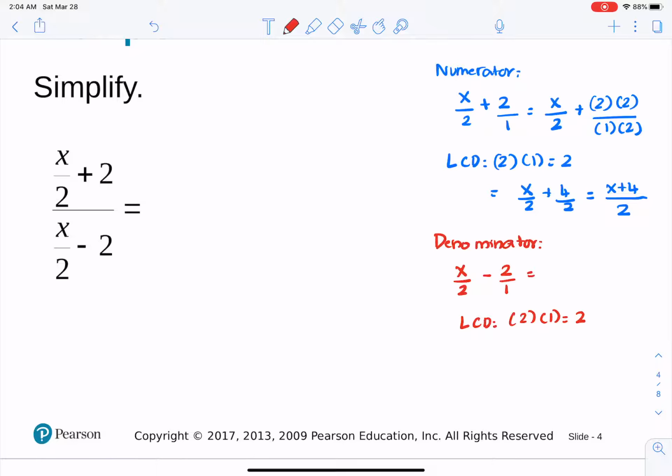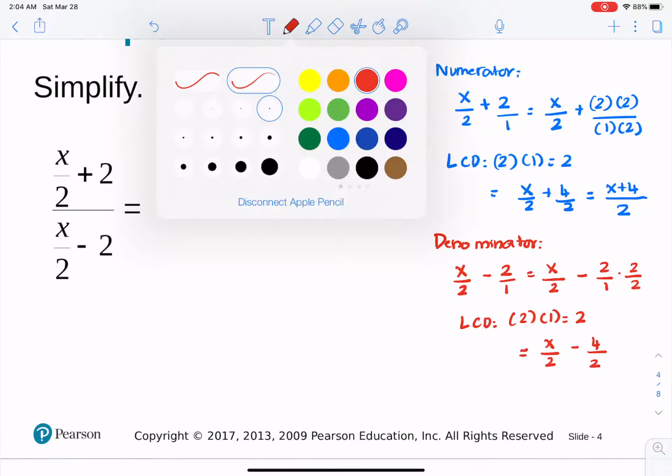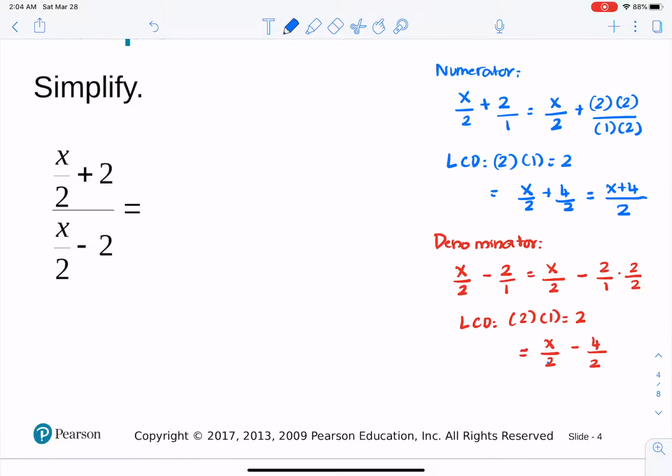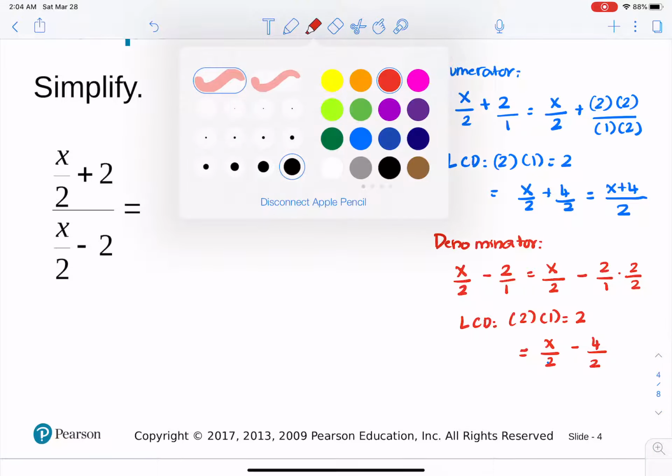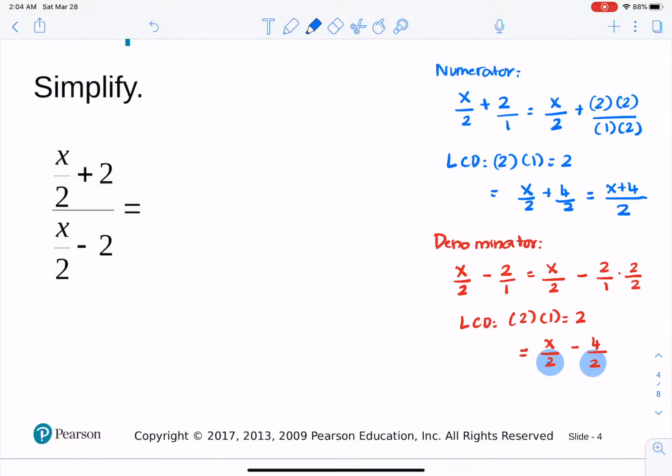I'm going to leave x over 2 as is because the denominator is the LCD. I'm going to multiply and divide the second fraction by 2. So I would have x over 2 minus 4 over 2. I have common denominators now, so I combine the numerators and write it as x minus 4 over 2.